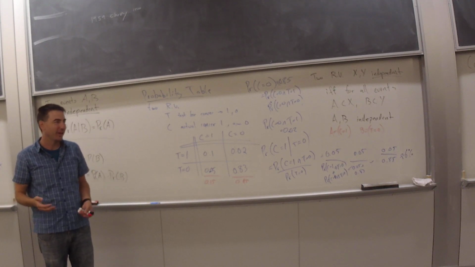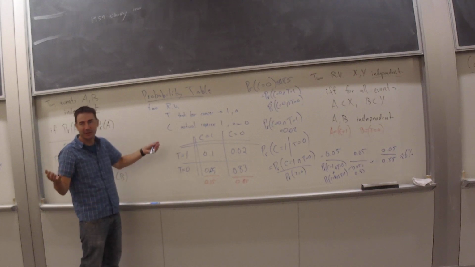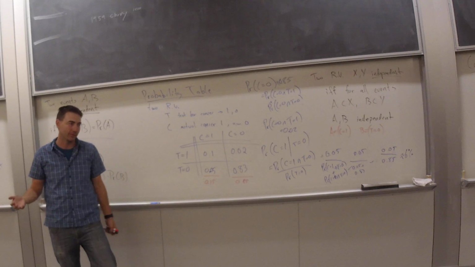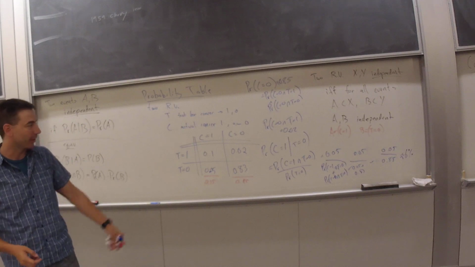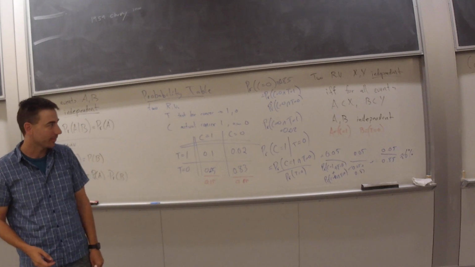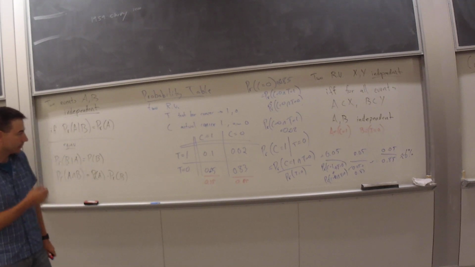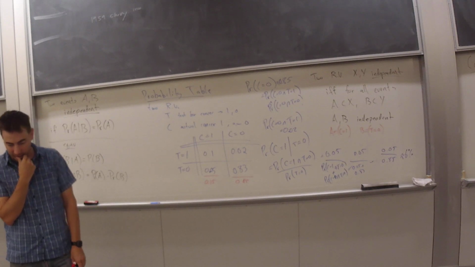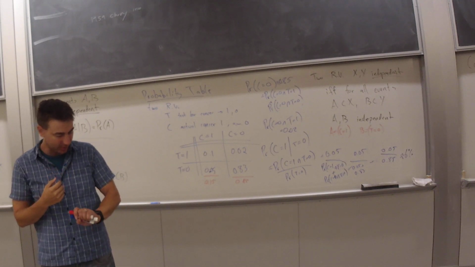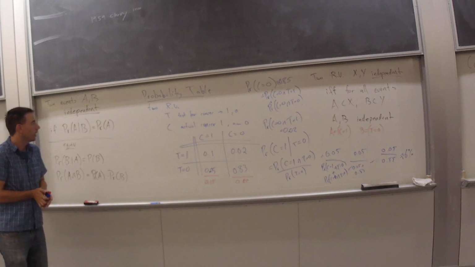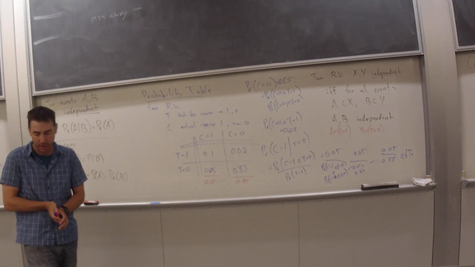It just meant I labeled the test wrongly, but it's still a useful piece of information. I just have to be careful how I use it. So okay, good. So that was conditional probability.